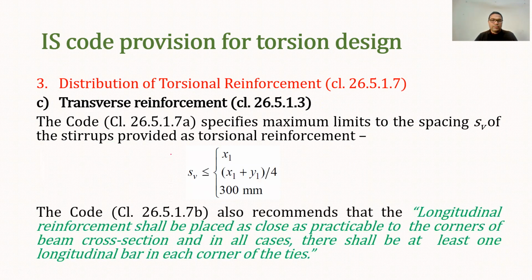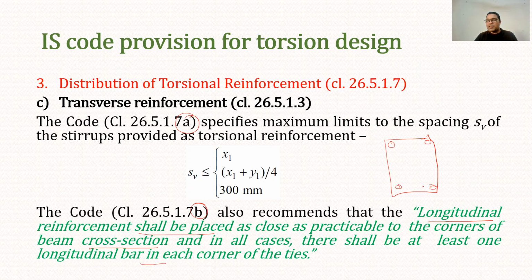So this is part A of the code. In part B of this clause, it recommends that longitudinal reinforcement shall be placed as close as practicable to the corners of the beam cross section, and in all cases there shall be at least one longitudinal bar. It is saying that in all the corners we have to provide reinforcement as close to the corner as possible. Why do we recommend this?